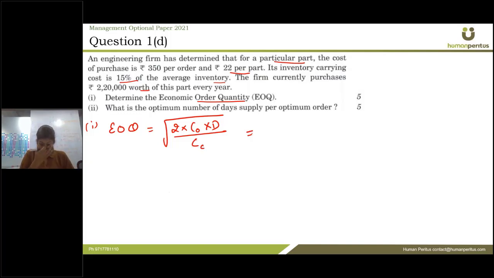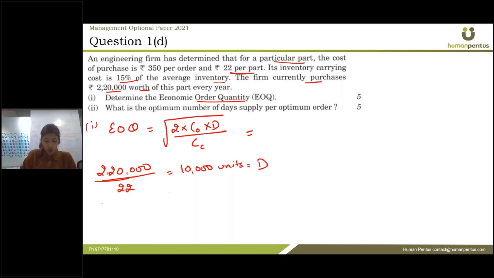Now what will we do here? First we need to find our annual demand in units. It is given that total purchases in a year are 2,20,000. So simply we will divide the total purchases by the cost per part, so it will be 10,000 units, which is your annual demand.